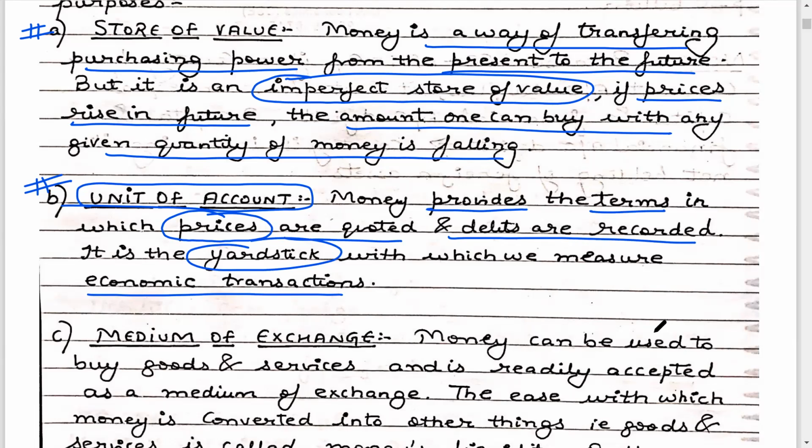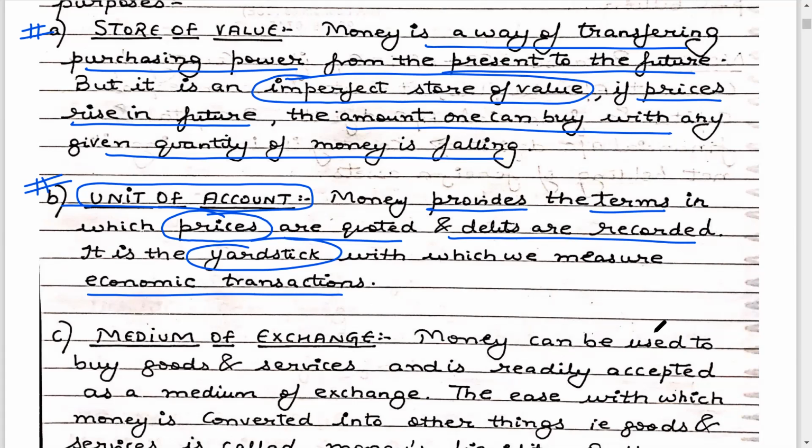Remember, this was not the case in the barter system. Because when I talk about wheat, wheat is measured in quintals. And when I talk about shoes, shoes are in pairs always. You always buy shoes in pairs. So in the barter system, we don't know what is going to be the exchange rate between wheat and shoes.